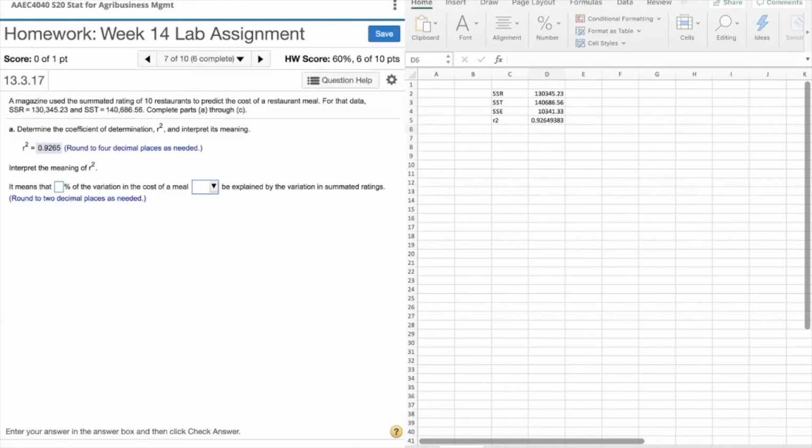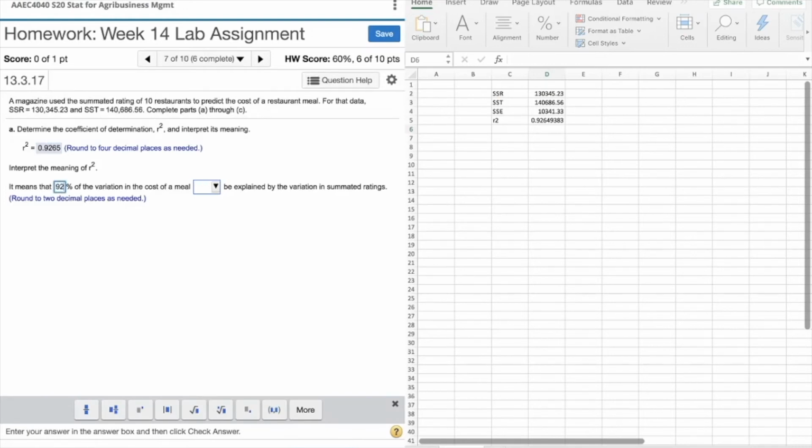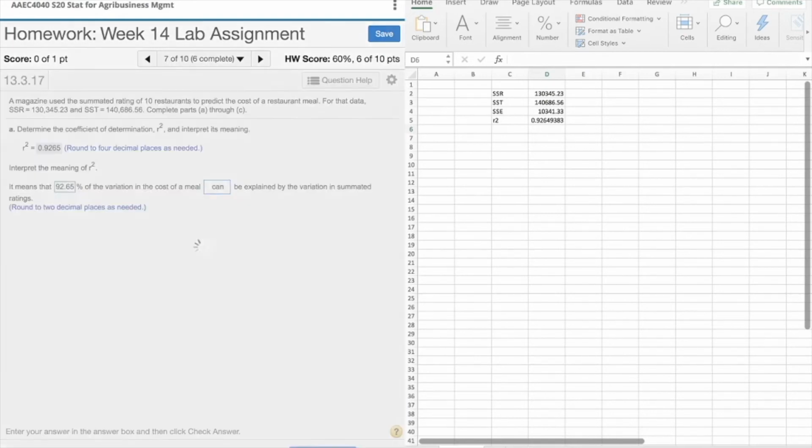Then to interpret it, it means that 92.65% of the variation in the cost of a meal can be explained by the variation in summated ratings.